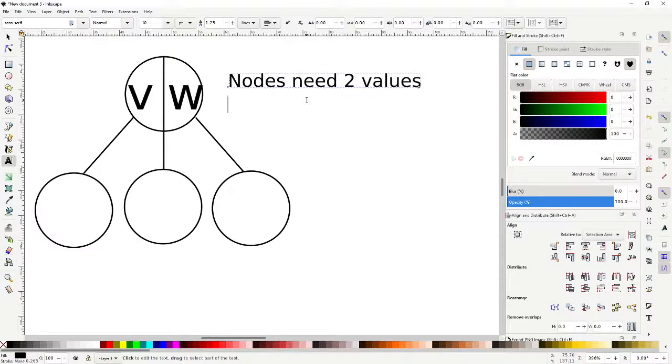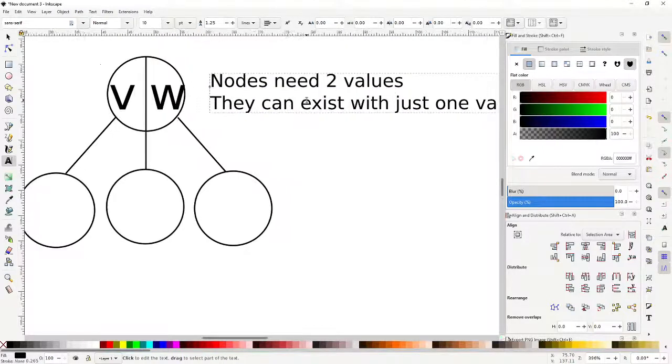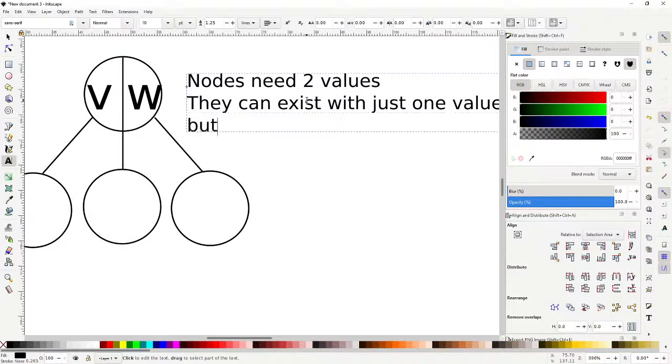They can actually exist with just one value, but generally that's kind of an edge case.